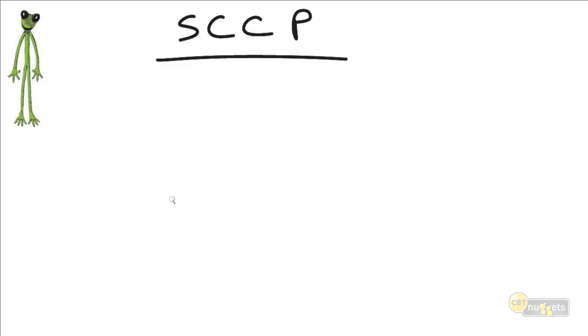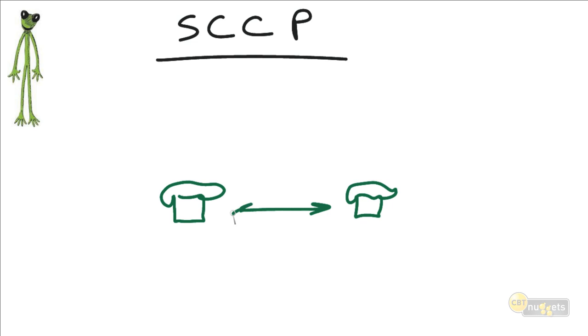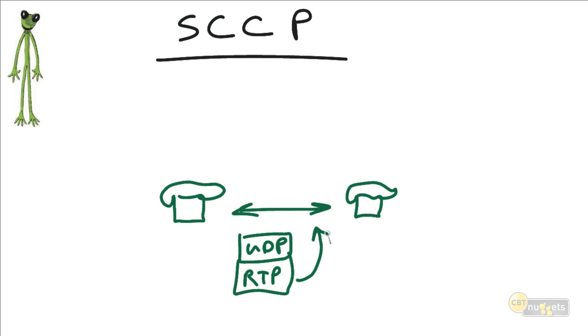Okay, so this is really starting to make sense to us. How do two voice over IP phones communicate? They communicate by taking the little voice packets and encapsulating them in UDP, and then this gets encapsulated by RTP. So we could say that they use the real-time transport protocol, RTP, in order to communicate. But wait a minute here. We remember that the PBX replacement in a Cisco voice over IP world is the Cisco Unified Communications Manager.